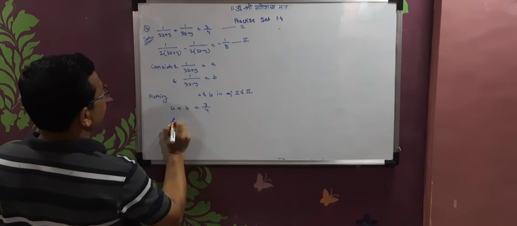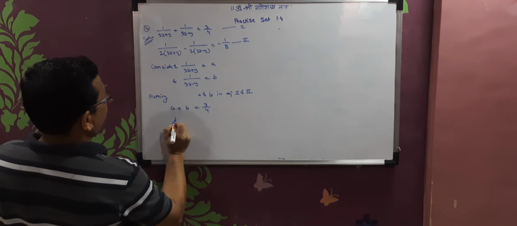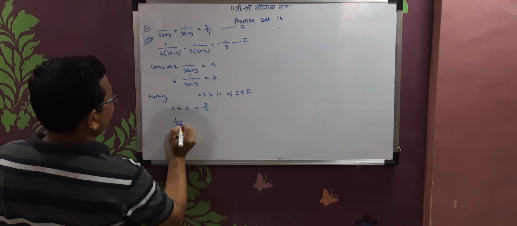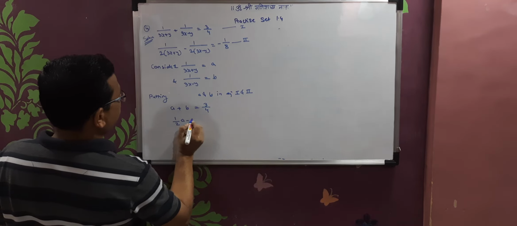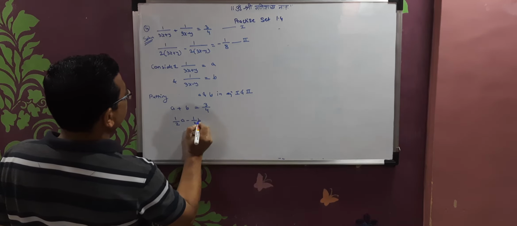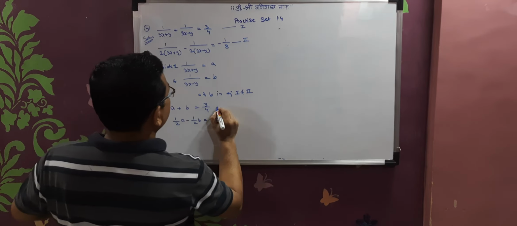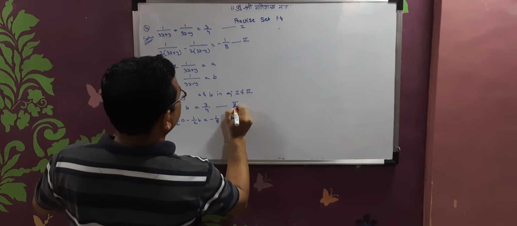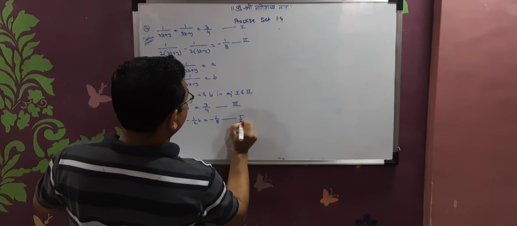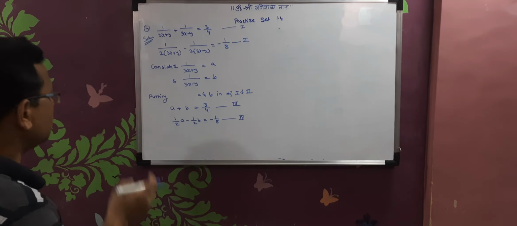Here the second will become 1 upon 2a minus 1 upon 2b is equal to minus 1 by 8. This is equation number 3 and this is equation number 4.